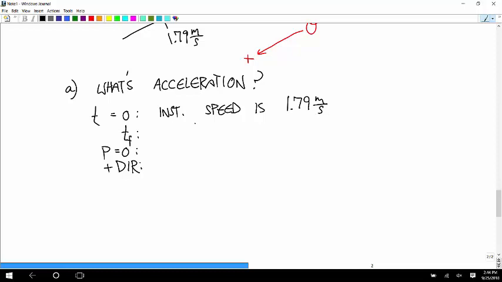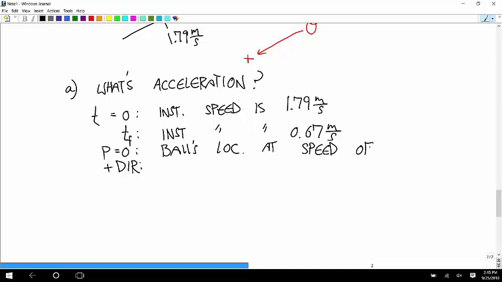And time final is the instant that the speed is 0.67. Now these are changed. So position equals 0 is the ball's location when it's at a speed of 0.67. And the positive direction is opposite the ball's motion.